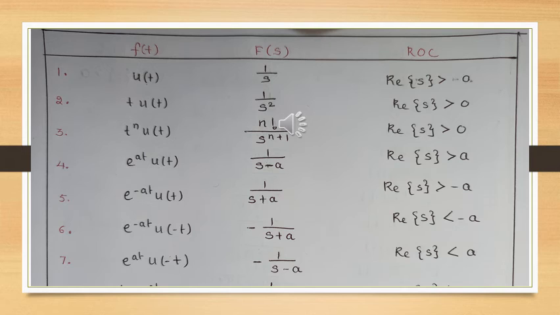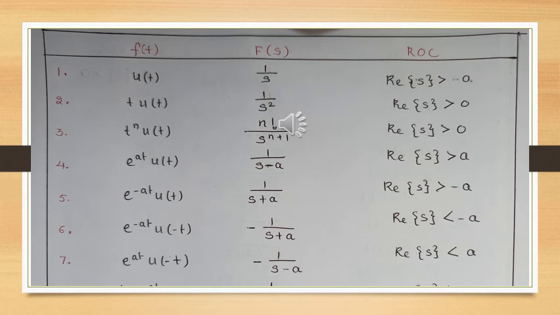Sixth signal is e raised to minus at u of minus t. Whenever we have a decaying exponential signal, we are getting a Laplace transform of it as 1 divided by s plus a. Now, in this signal, we have u of minus t instead of u of t.